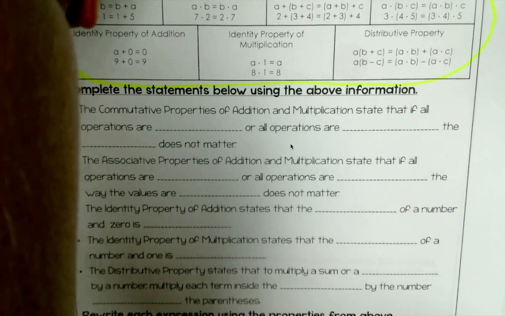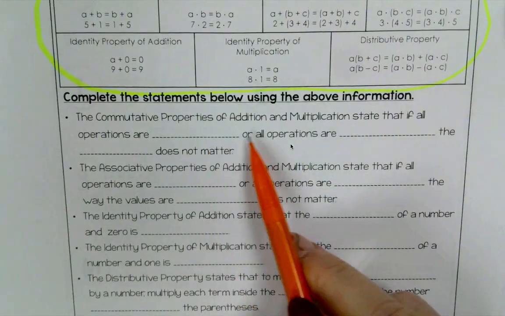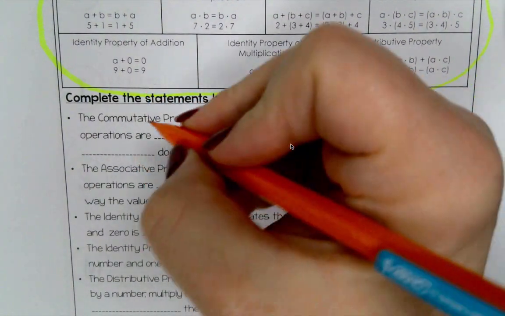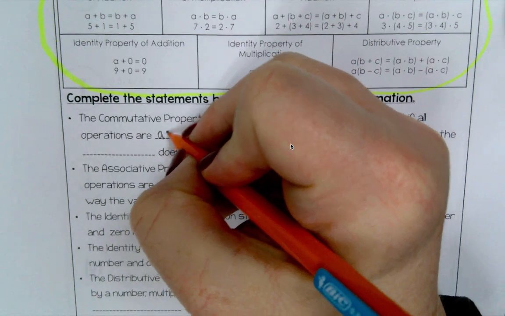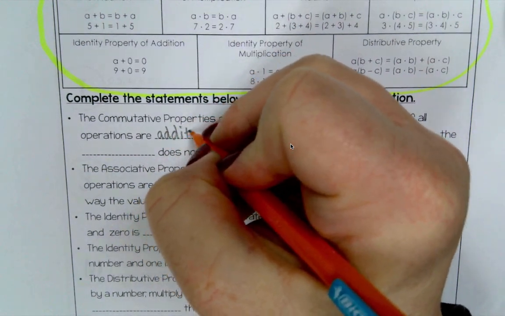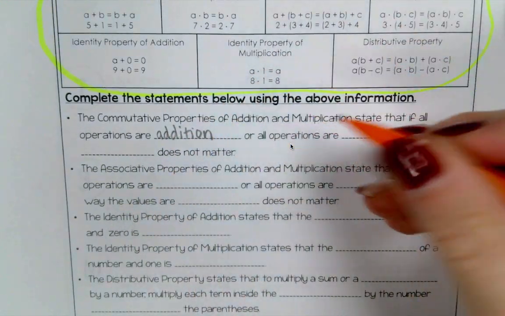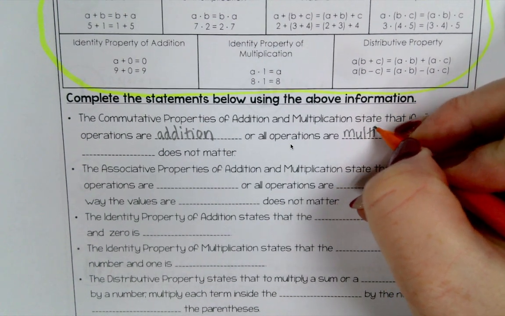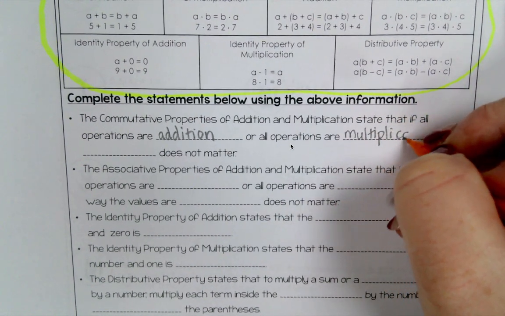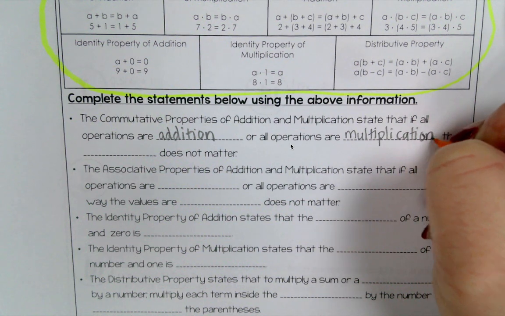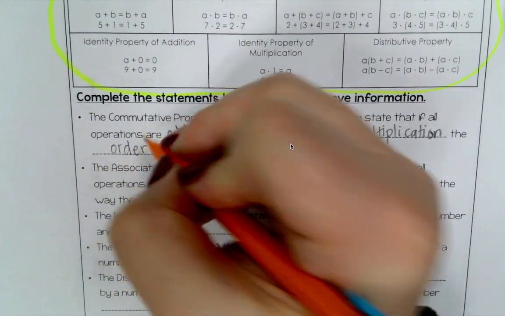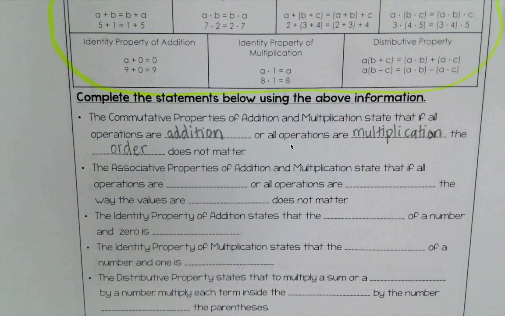The commutative properties of addition and multiplication state that if all operations are addition, or all operations are multiplication, the order does not matter.